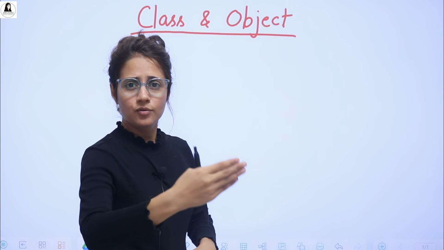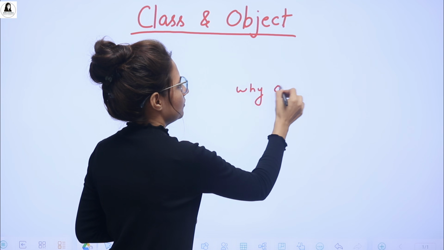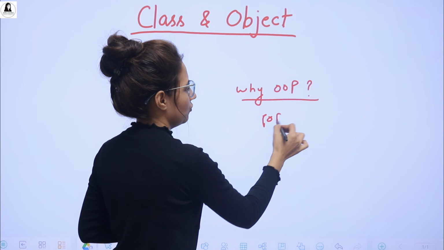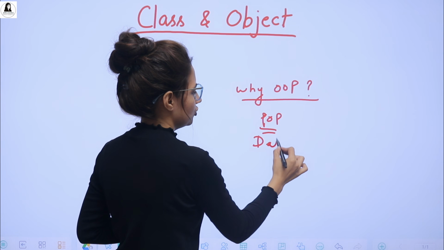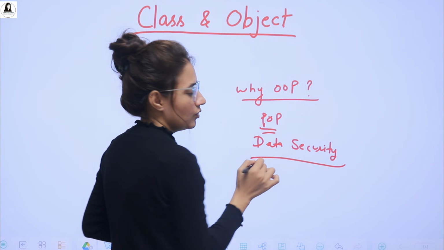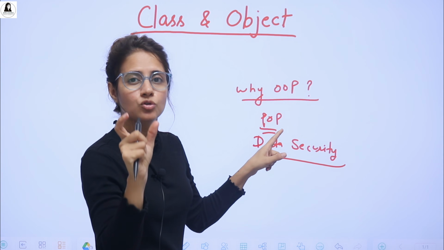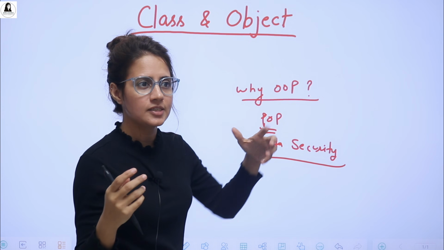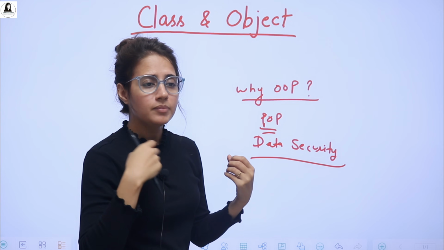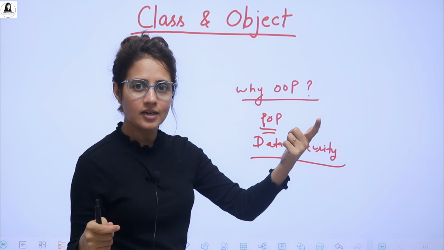I hope you now have the idea of why OOP. Because there are some drawbacks in the POP approach. The main one we discussed was data security. There is no data security because in POP we focus on procedure, how to do the task, basically on the functions. We don't focus on data, because we declare a lot of data globally, and obviously all the functions can access global data.